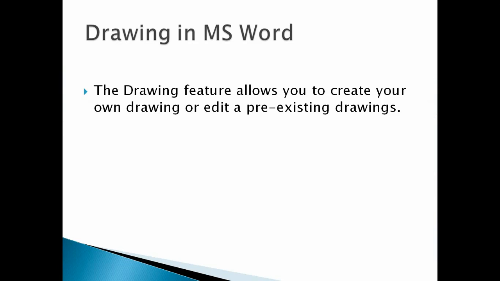With the help of drawing features, you can draw any type of shapes in a document. With the help of the mouse, you can draw a circle, triangle, rectangle, square, star, any types of shapes that you want to draw in a document.